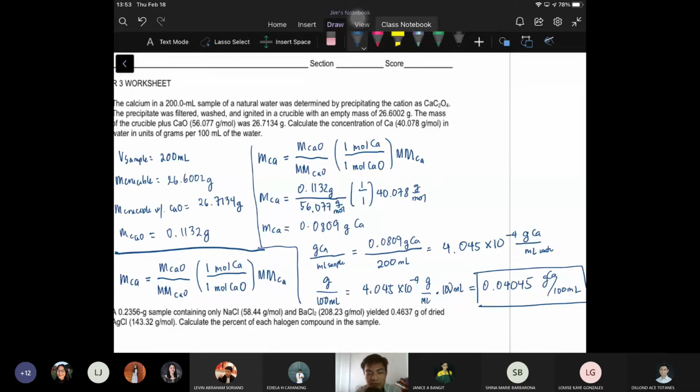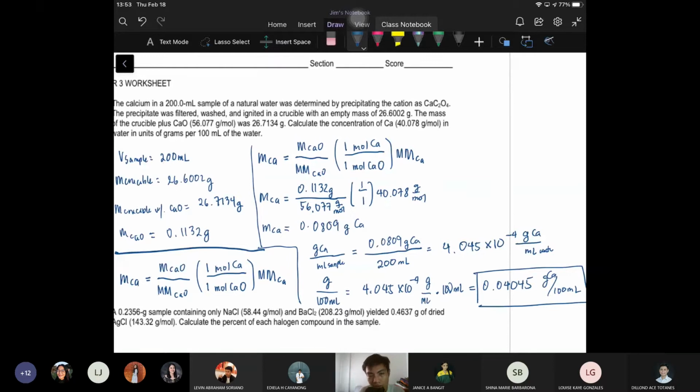May ibang problem na gusto grams per 100 ml. Katulad nito, ginawa natin. Meron namang problems na gusto percent weight, no? So, kapag percent weight yan, yung mass ng iyong analyte, i-divide mo lang sa mass ng sample mo times 100 na. So, dun lang nagkakatalo sa dulo kung ano ba yung gusto ni problem, no?